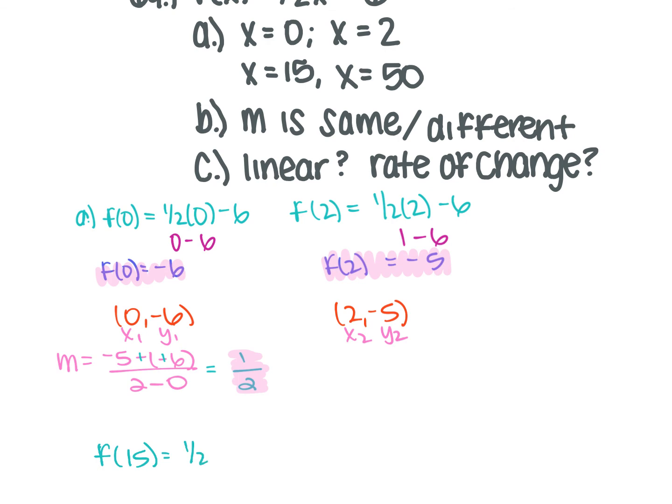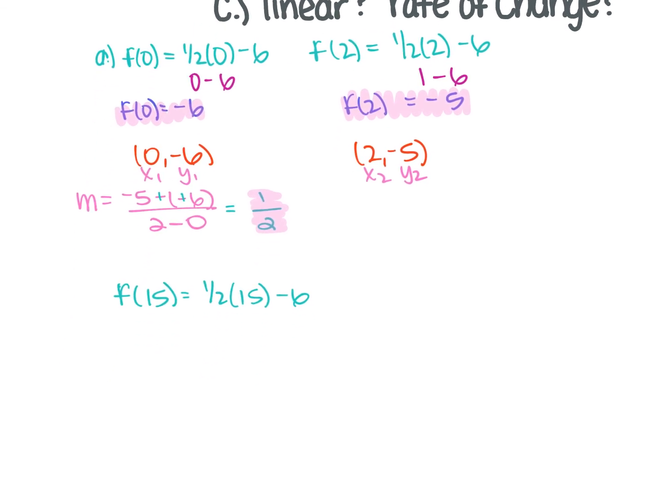Next, find f of 15 and f of 50. So 1/2 times 15 minus 6 for f of 15 is going to give us 15 over 2 minus 6, which is 12 over 2. So that gives us 3 over 2. We're also going to find f of 50. So that's 1/2 times 50 minus 6.